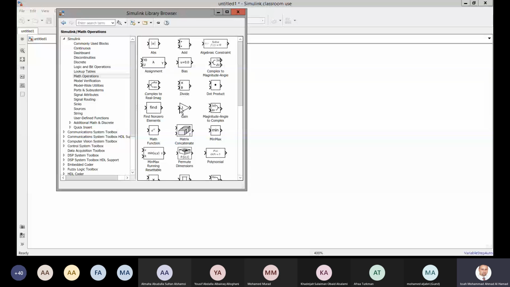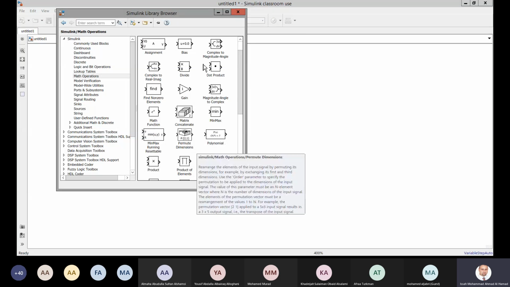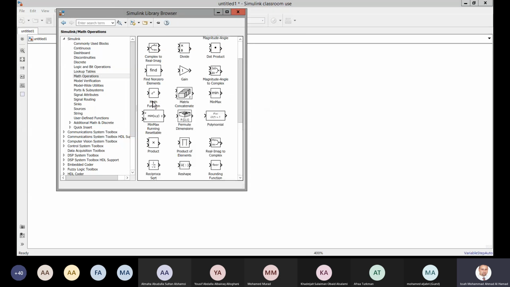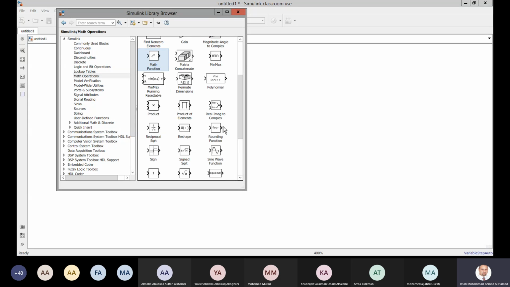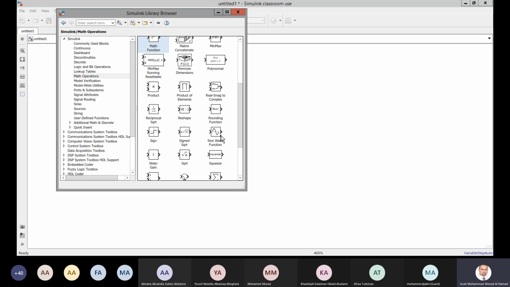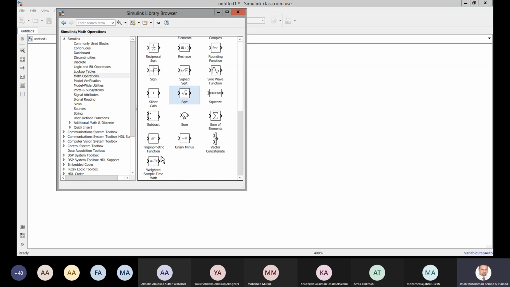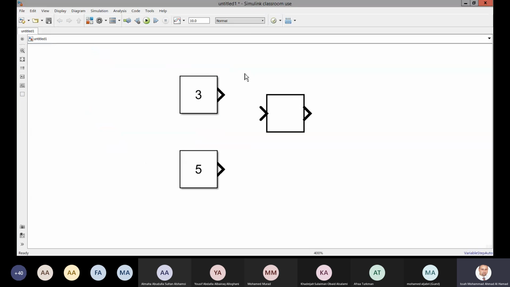Okay, so I don't think we will find it. However, we can use this. If you don't find your mathematical operation, you can use the math function, and I will show you how to do it. So this is square root. Okay, so let's use this mathematical function here.